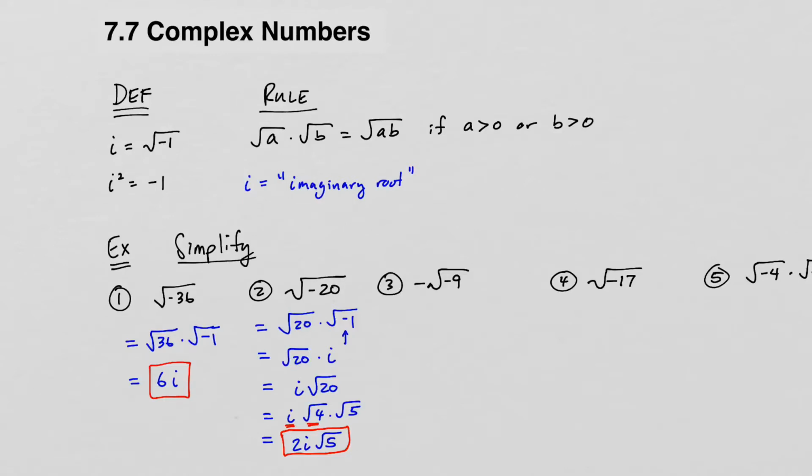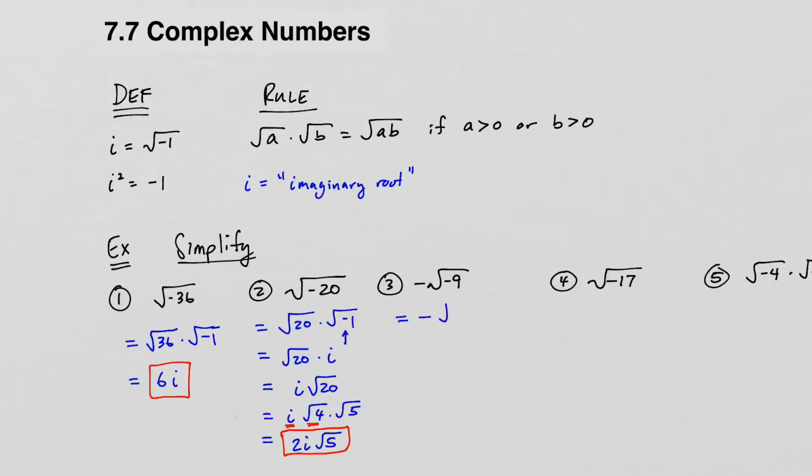For our next problem, we have negative square root of -9. What's important here is that you do not cancel these negatives. So be careful to not cancel those out. Instead, you have to follow the same procedure that we've been following.